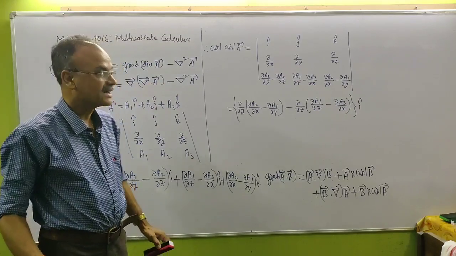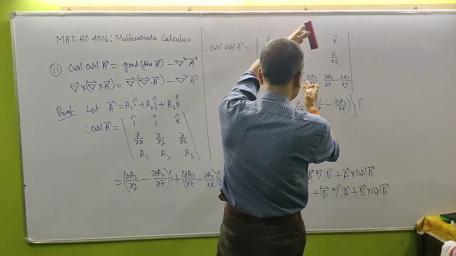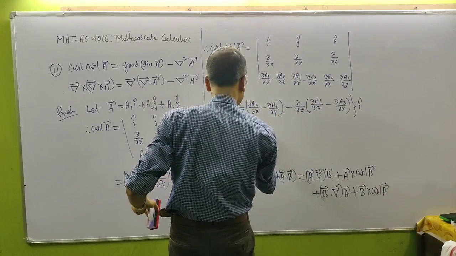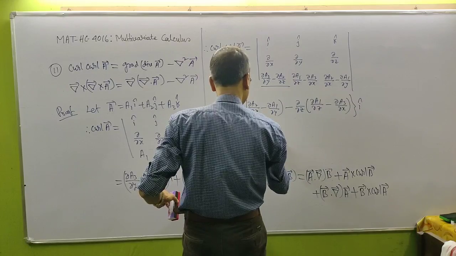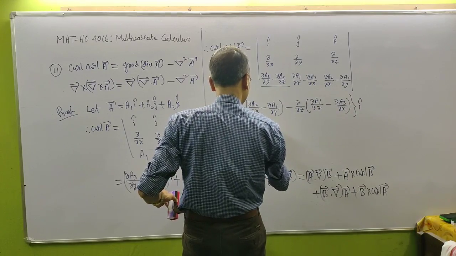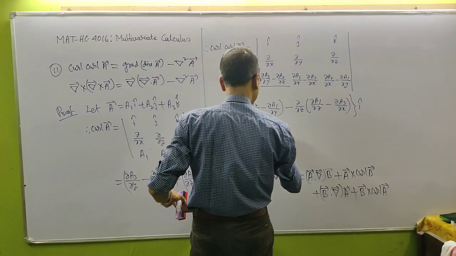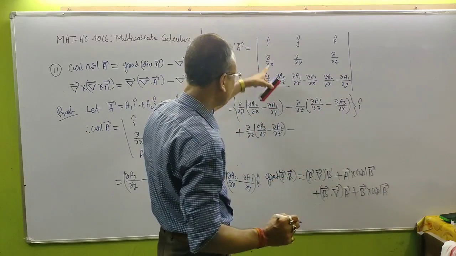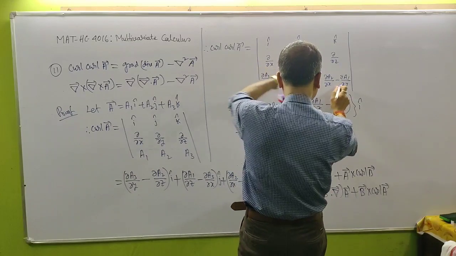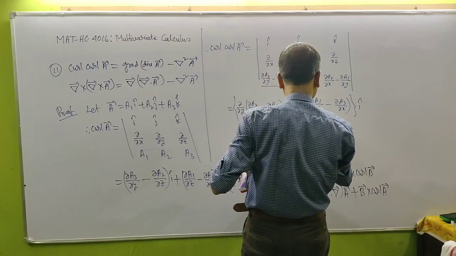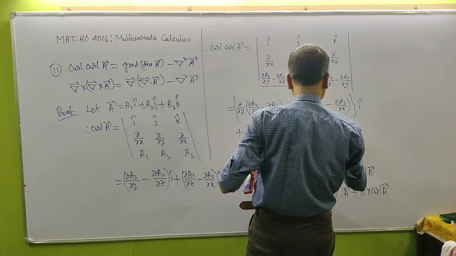Plus, for j cap, del z of del A3 by del y minus del A2 by del z, minus del x of del A2 by del x minus del A1 by del y.